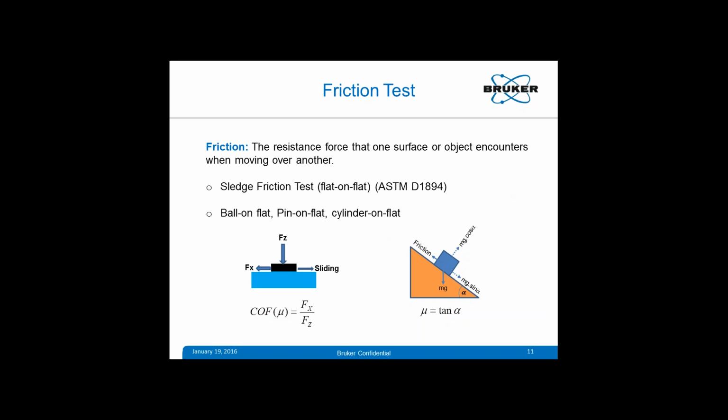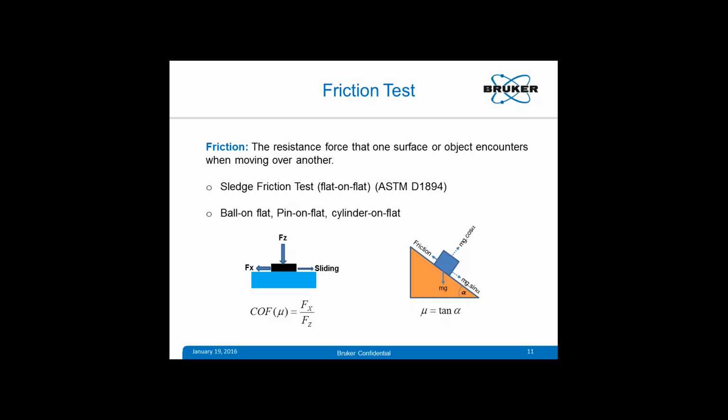So what we do in UMT TriboLab is apply this normal load by using a control method. It is on feedback, so you can really control this load. You apply a controlled load and make relative motion between two friction couples, and use a force sensor to measure both the forces, the lateral force or friction force, which is Fx, and the normal force, which is Fz, and the software calculates the coefficient of friction.